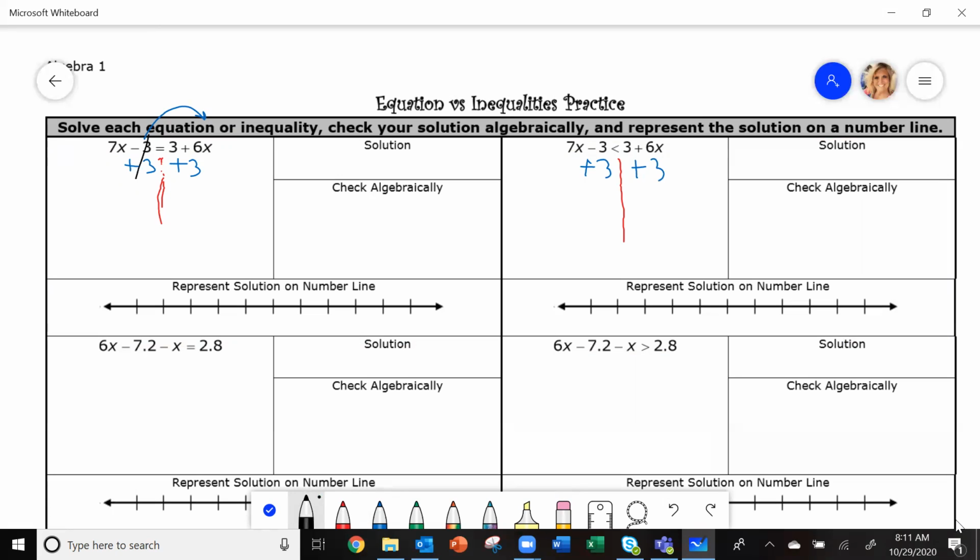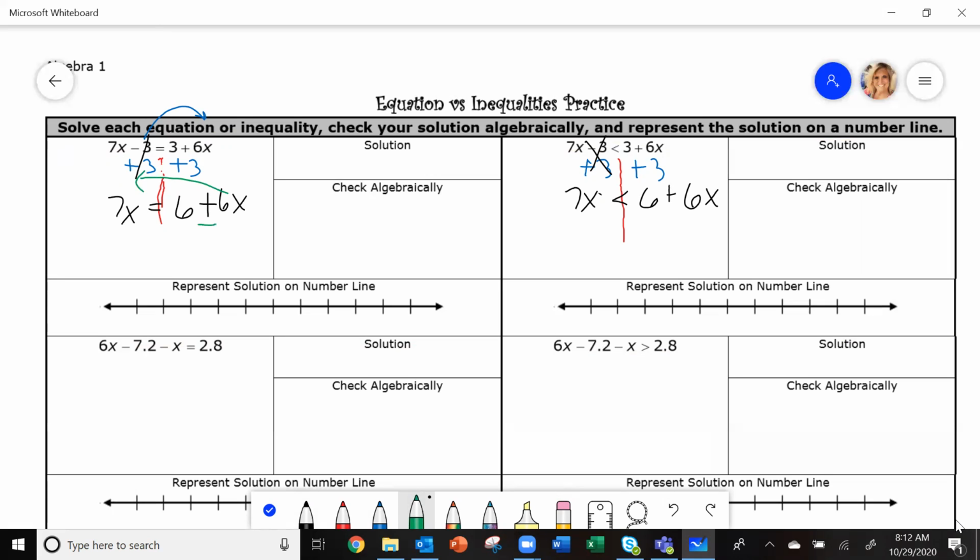So the 3's cancel out and I get 7x equals 3 plus 3 is 6 plus 6x. Well, that's what you have over here. The 3's cancel out, except you have 7x is less than 6 plus 6x. Sorry, it should be 7x. Now I need to move my x's to the left.